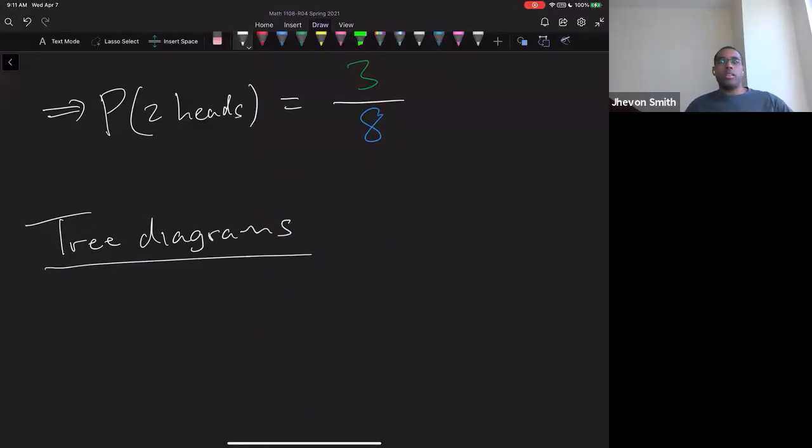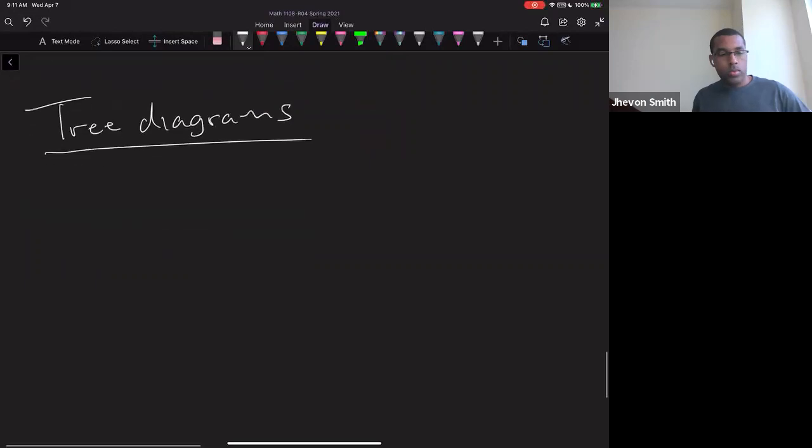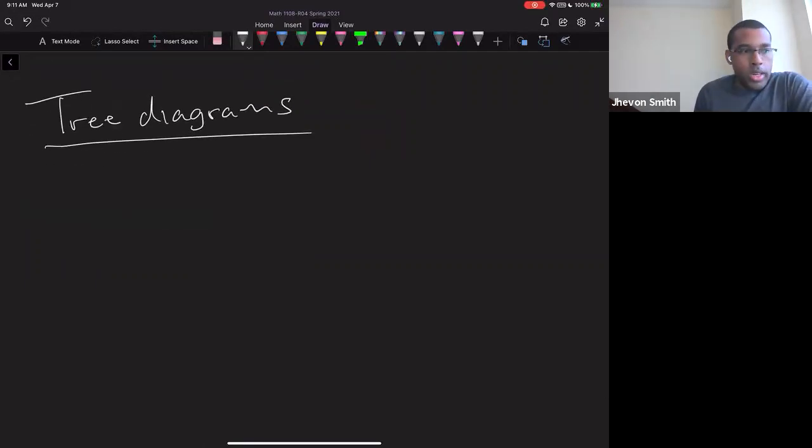Another way to visualize the process. Many kinds of processes, but I'm illustrating with this particular example. So here's how you'd set up the tree diagram.